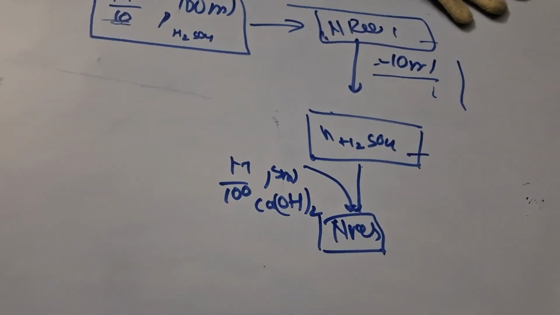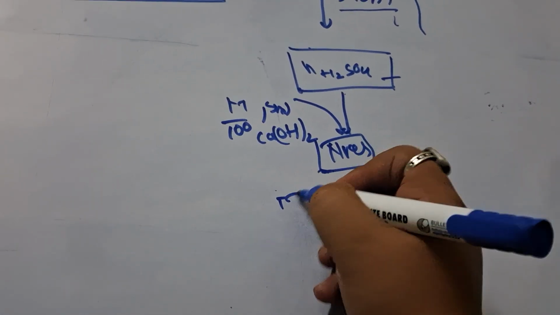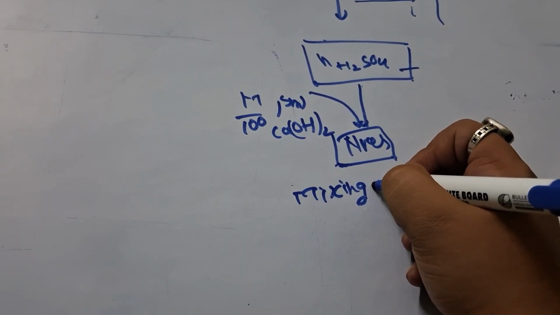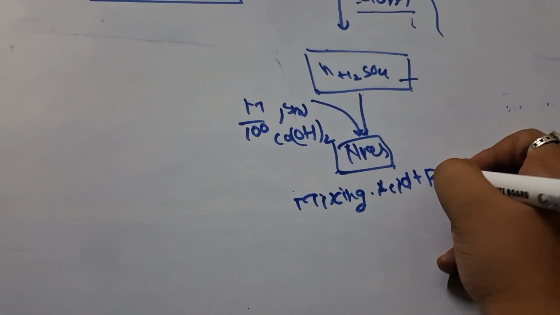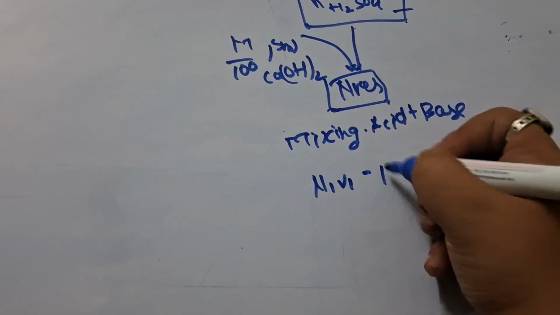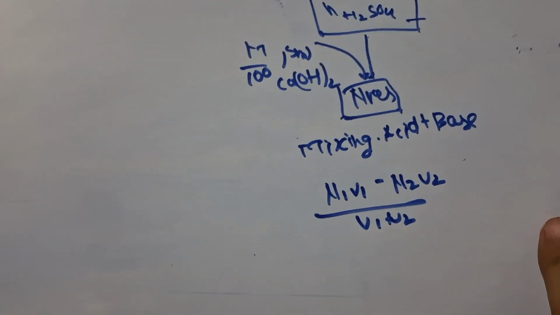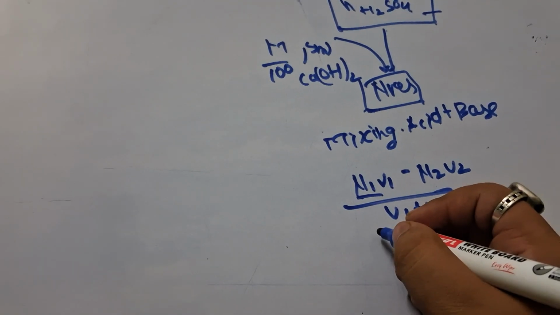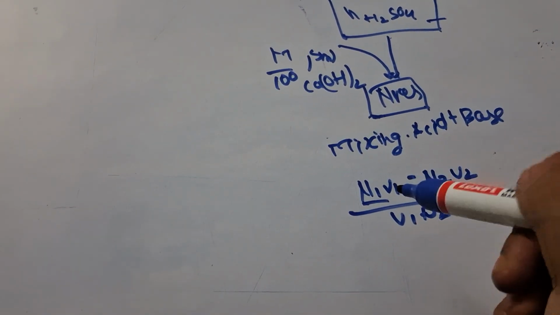So we know that this is a case of mixing, an acid plus base case. We know the formula for that: N1V1 minus N2V2 upon V1 plus V2. So what is N1?